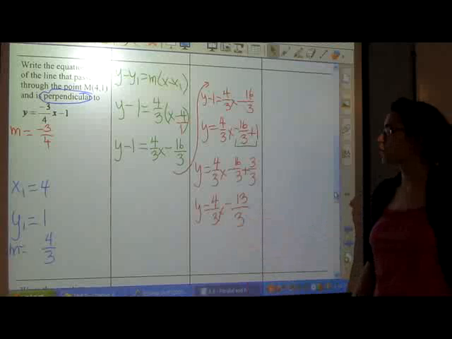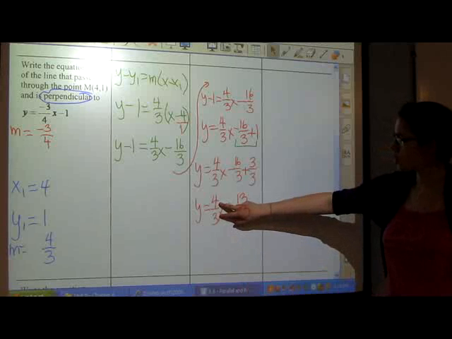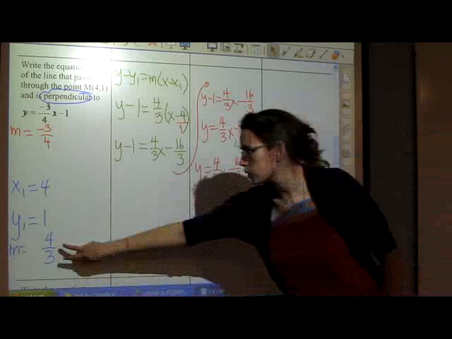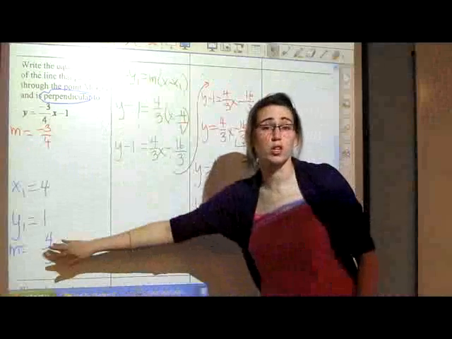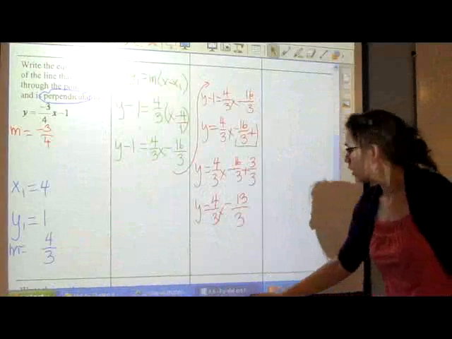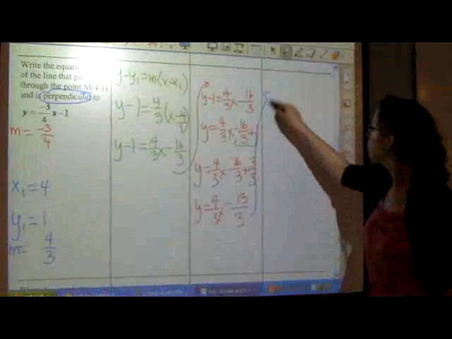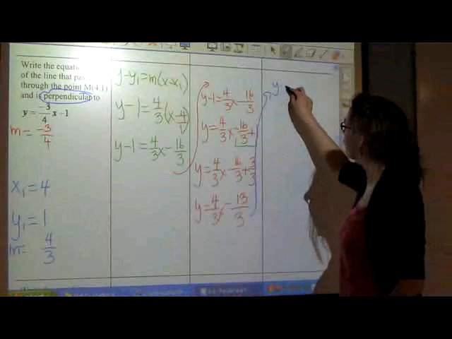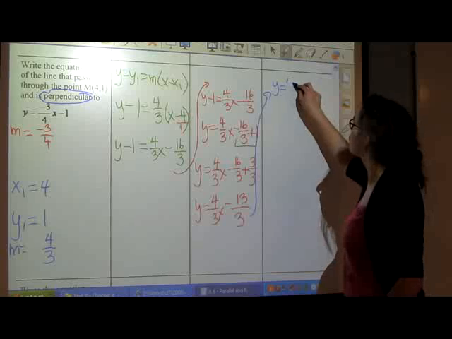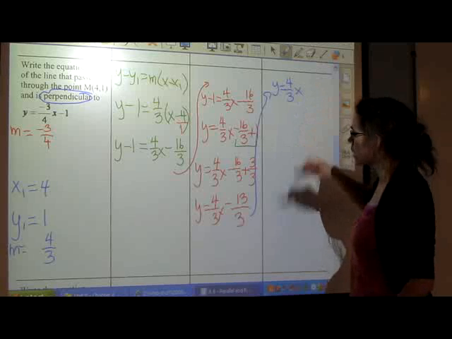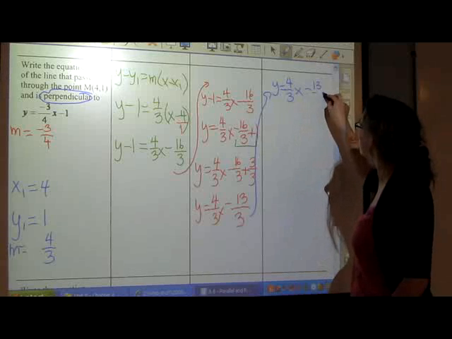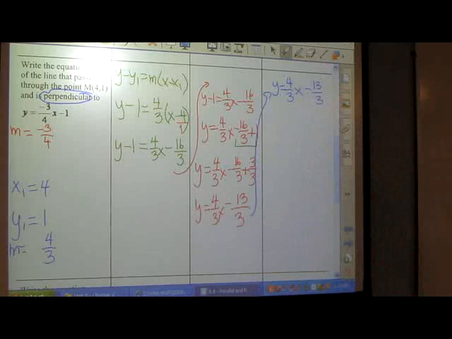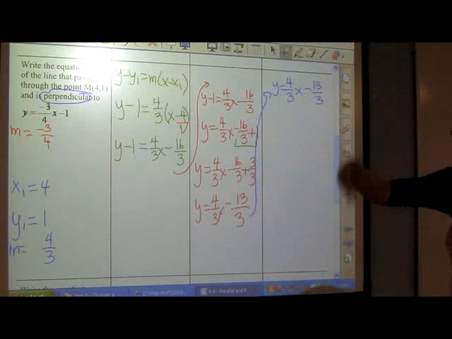And since we're in slope and y-intercept form, what we can do is just do a quick check. My slope here is 4/3. The slope that I want is 4/3. So we know we're good so far with our slope. Last step here, we want to put this into standard form. So we just start by rewriting y = 4/3 x - 13/3. Standard form, put everything on the left.